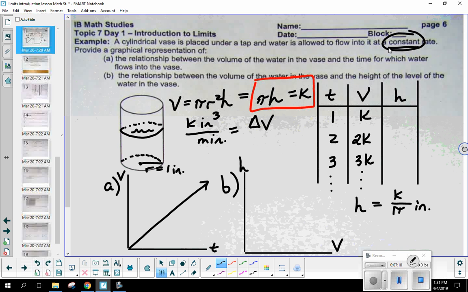If we say that at 1 minute I would have k cubic inches of water in the vase, then at 1 minute it makes sense I could say k divided by pi inches of height for the vase. But what kind of relationship do you think is going to happen here under these conditions? What's going to happen at 2 minutes?